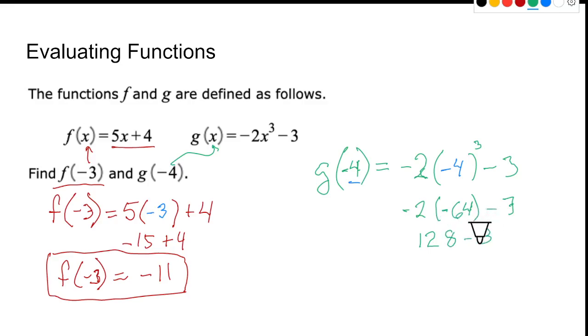Minus 3. And we could keep writing this g of negative 4. I'd like to just wait till the very end, just bring it on down. And our final answer is going to be 125.